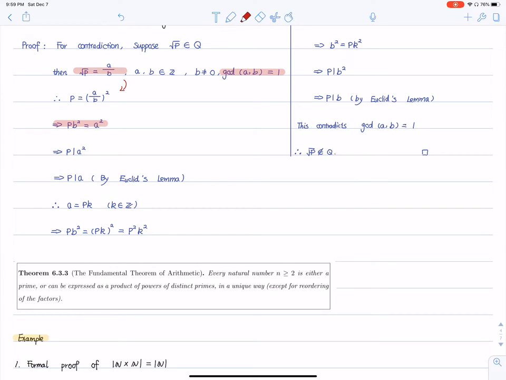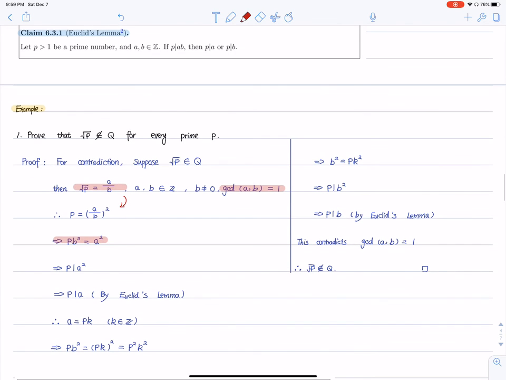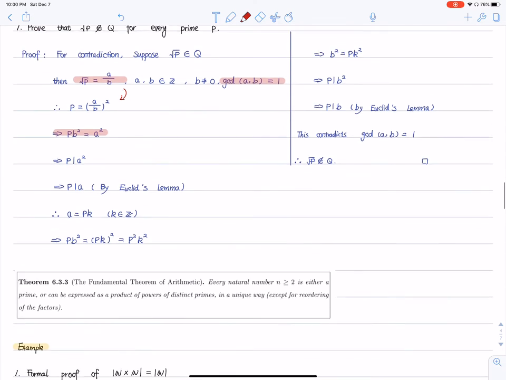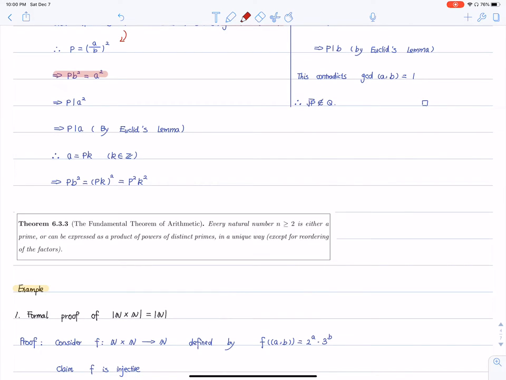Now you can use Euclid's lemma: if P divides AB, then P divides A or P divides B. Here our A, B are both A, which means if P divides A squared, it implies P divides A. Since P divides A, you can write A as P times another integer K. Again, whenever you introduce a variable, please define your variable. This is really, really important.